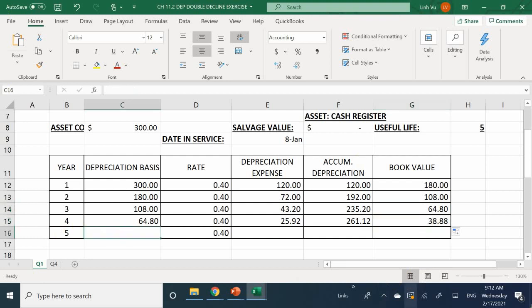So now I'm reaching my last year with 38.88.